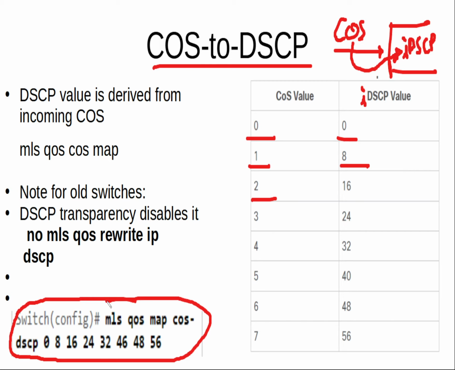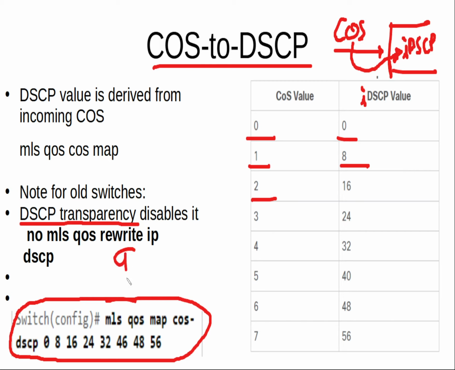and you can also configure something that is known as DSCP transparency. When you ultimately want to avoid the DSCP value that exists within your packet from ever being rewritten after all of this quality of service process happens.